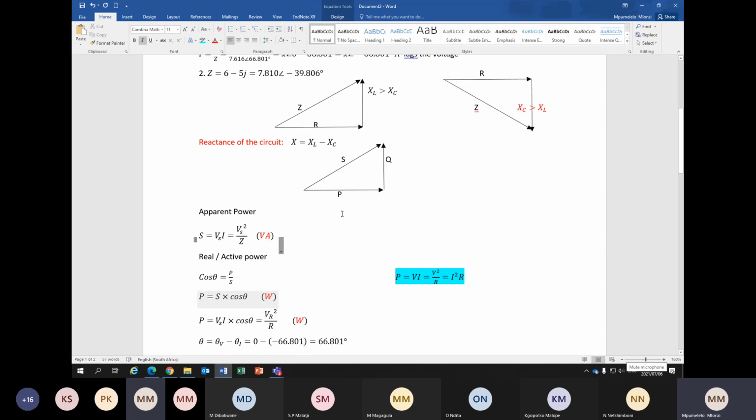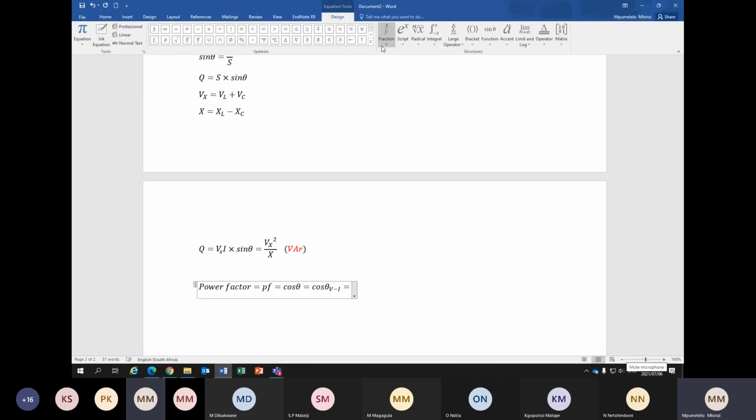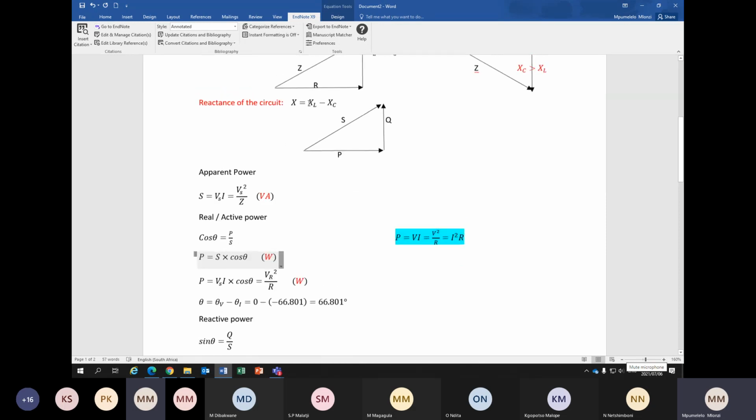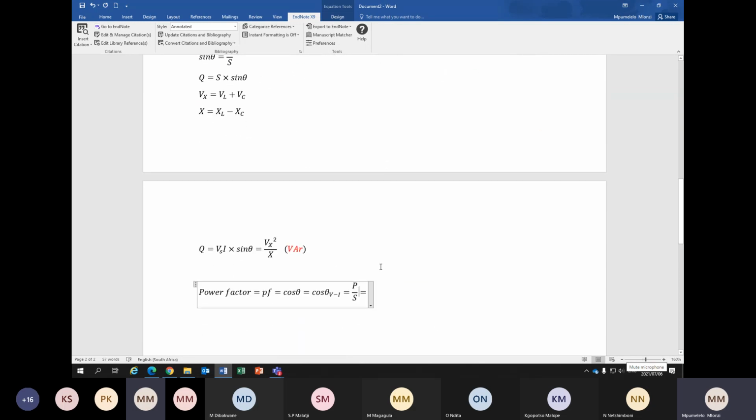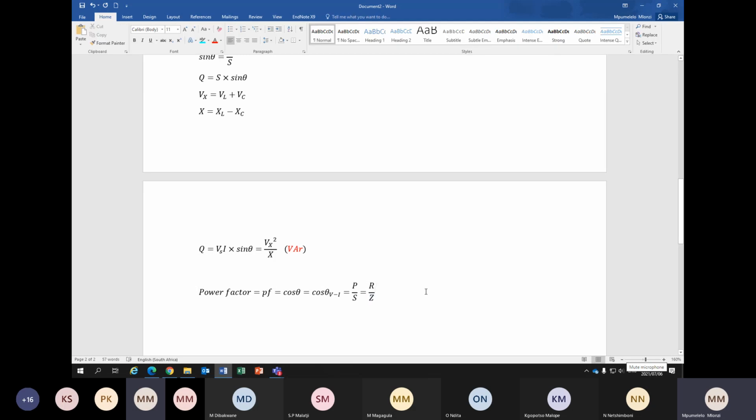It is adjacent over hypotenuse, meaning we can calculate the power factor by dividing the real power by the apparent power, or in this triangle we can say R over Z. These are some of the formulas you can use to calculate the power factor.